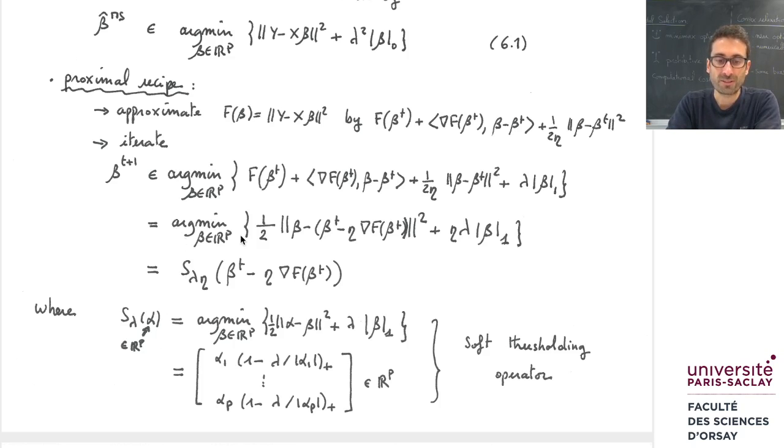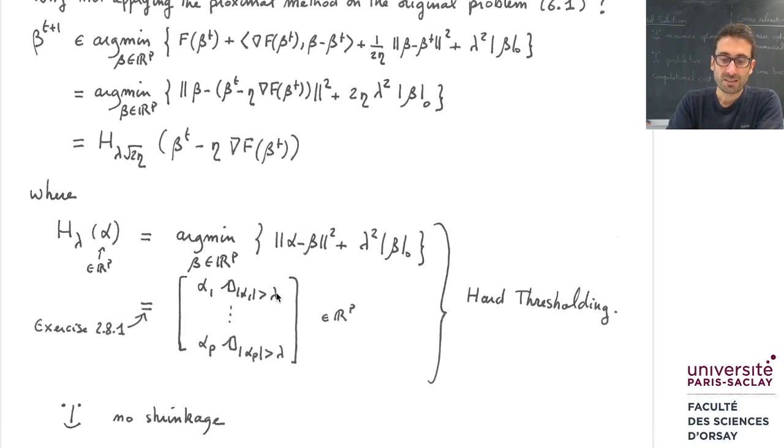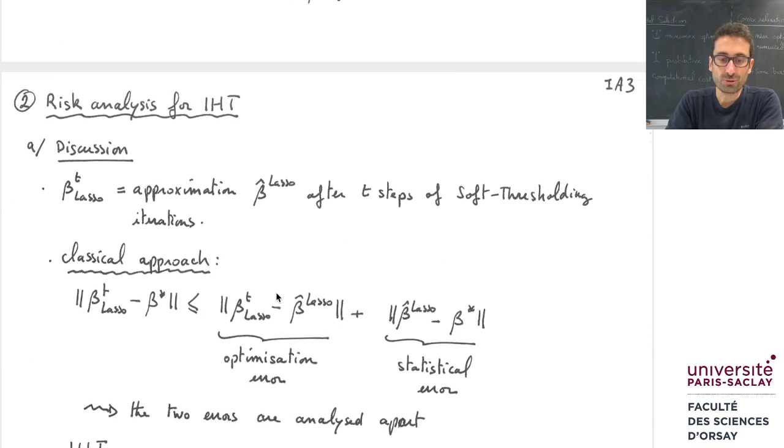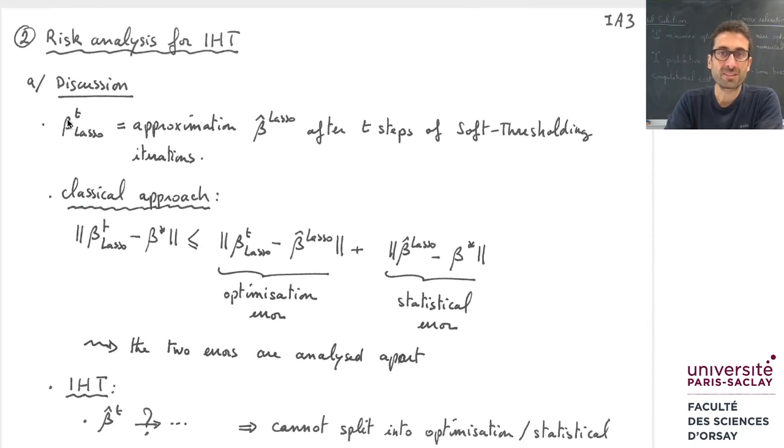So after t iterates of this thresholding. Right, so what you use is what I call here beta_t lasso, which is an approximation of the lasso. So if you want to analyze the risk, since it is really what you are using, you should analyze the risk of beta_t lasso. Right, so you should look at how close it is to beta star.